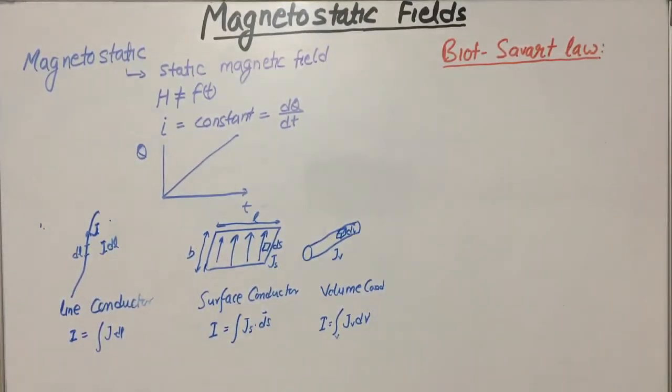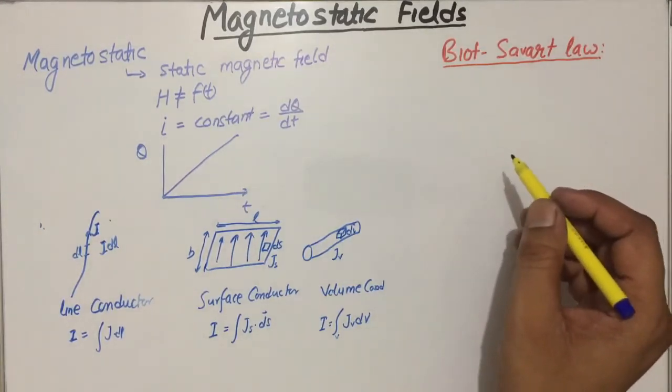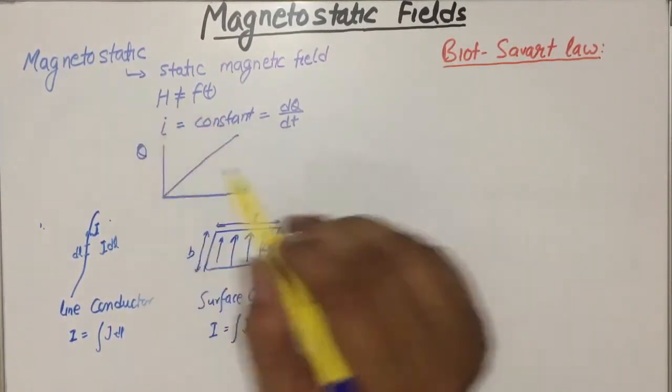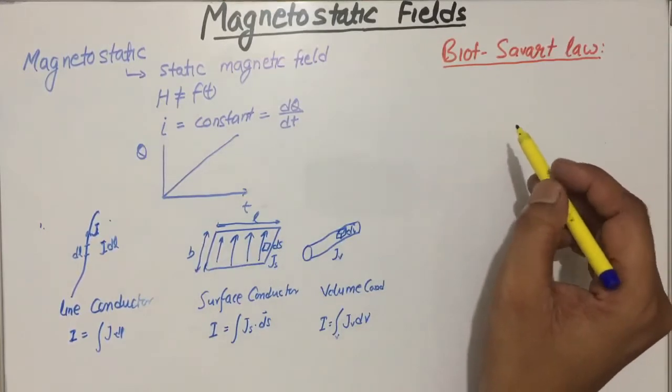Okay, so this law finds the magnetic field intensity H due to a current carrying conductor.